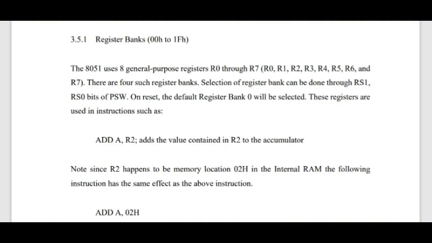It's like a secret shortcut because toolbox number 2, R2, is actually in the same spot, in brackets memory location 02H, as a space in your main storage area, internal. You can also use an instruction that just says add the treasure from memory location 02H to the accumulator, and it will have the same effect as the first instruction.